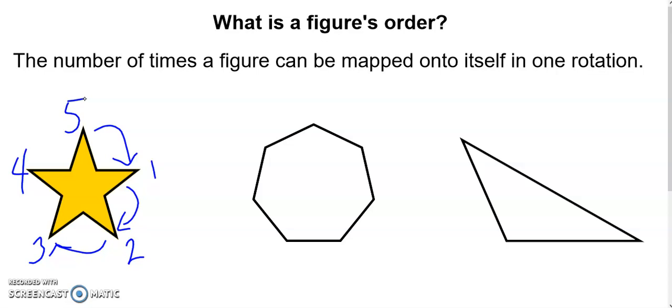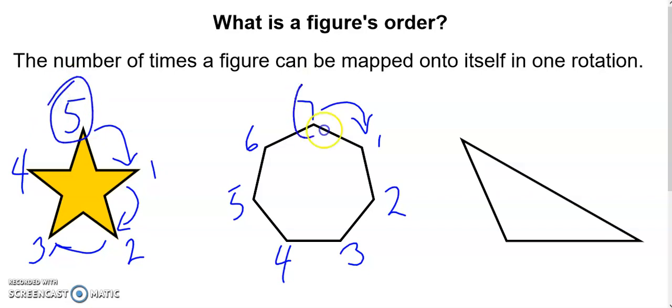The shape next to it is called a heptagon. It has 7 sides, if you remember. So we can turn it once, twice, 3 times, 4 times, 5 times, 6 times, 7 times, and it will look just like that. So it has an order of 7. Once again, the star has an order of 5. The heptagon has an order of 7.